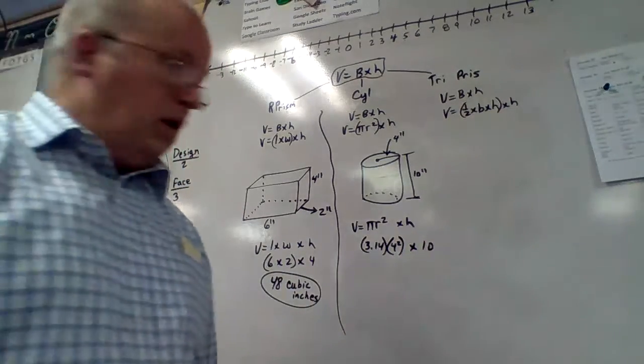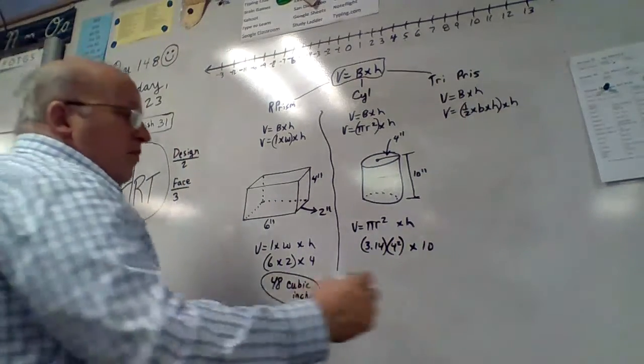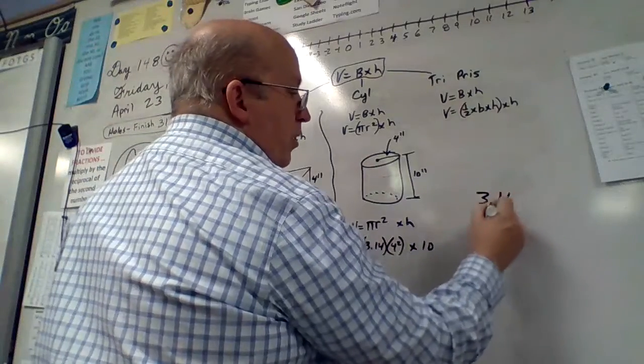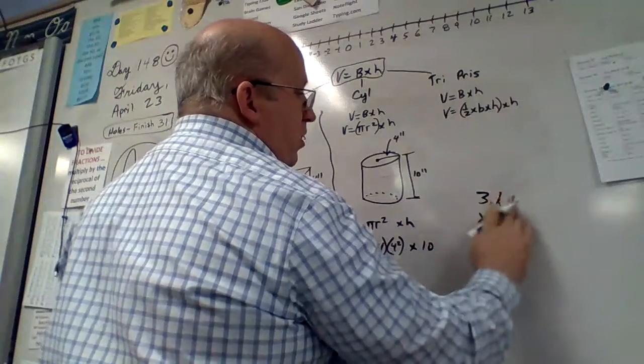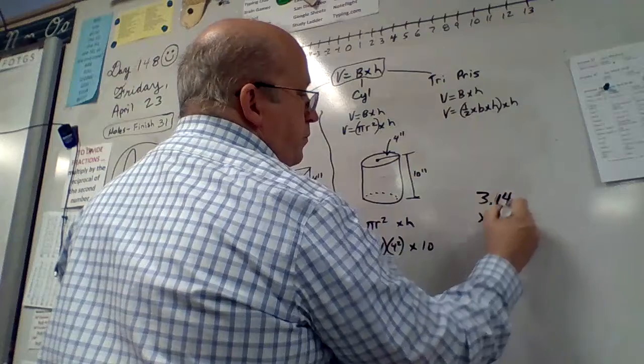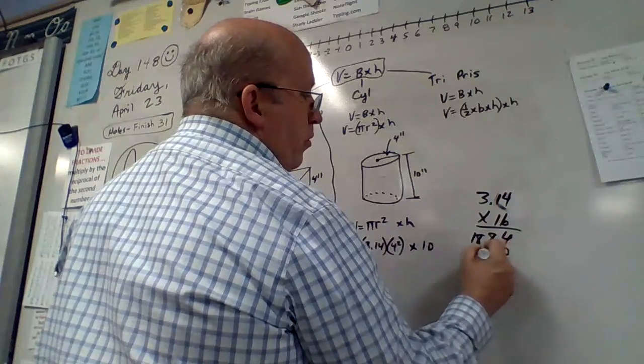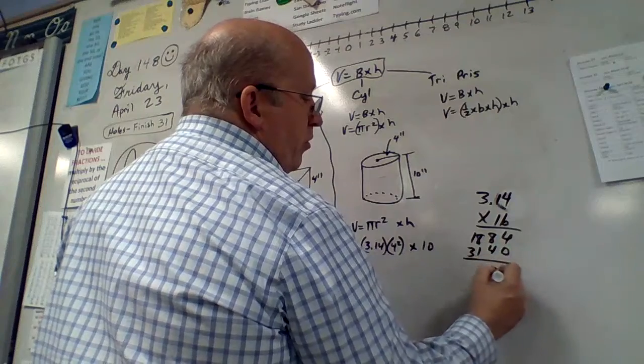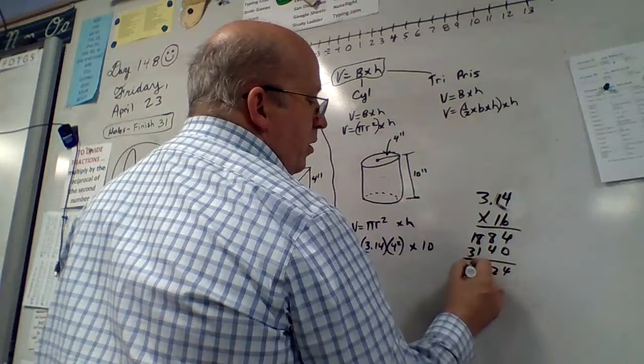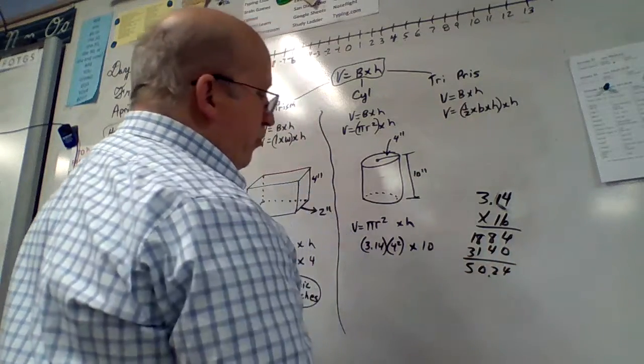So what do we got there? I've got to take 3.14 times 16. I get 50.24.